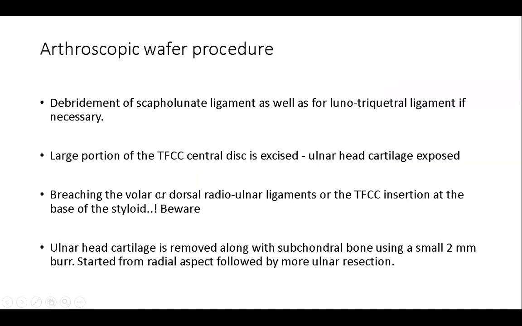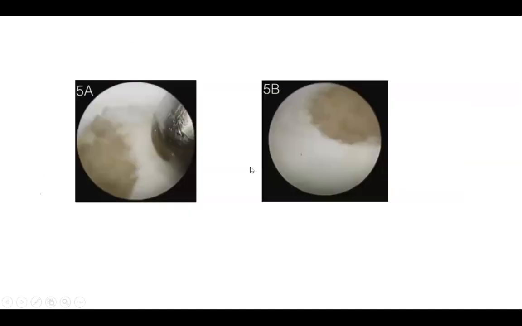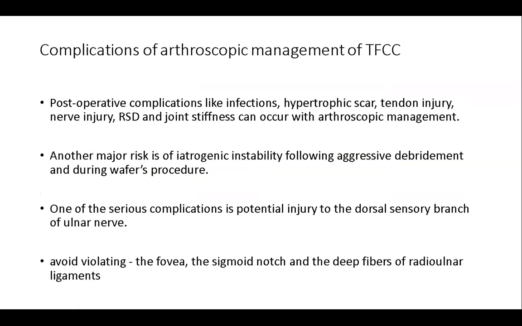While doing this procedure, there is a chance of breaching the dorsal and volar radioulnar ligaments, which has to be taken care of because it leads to DRUJ instability. Post-operative complications include infection, hypertrophic scar, tendon injury, nerve injury, RSD, and joint stiffness.